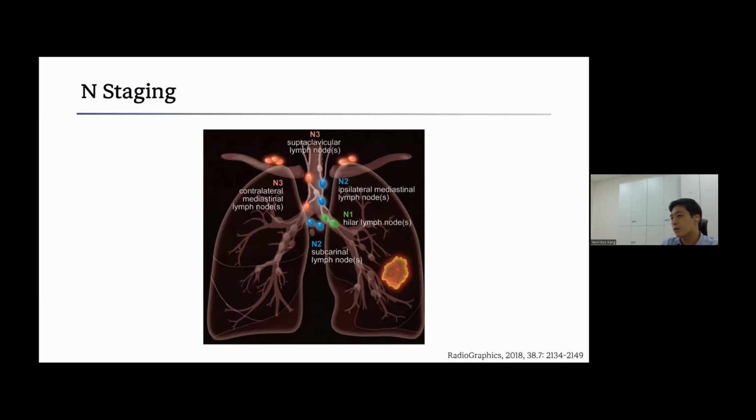In N staging, N1 includes only ipsilateral hilar lymph nodes. The carina and ipsilateral mediastinal nodes are classified into N2, and contralateral mediastinal, hilar, and supraclavicular nodes are all N3 nodes.